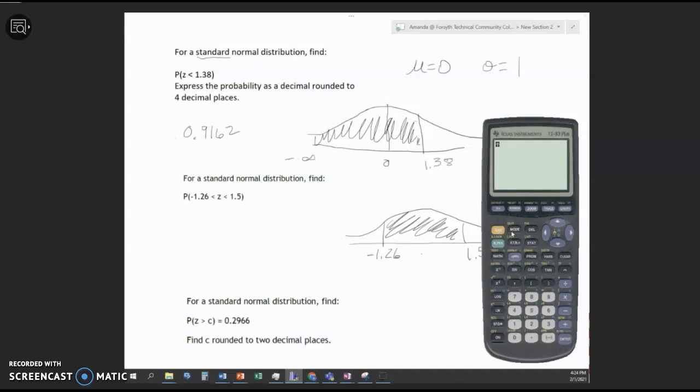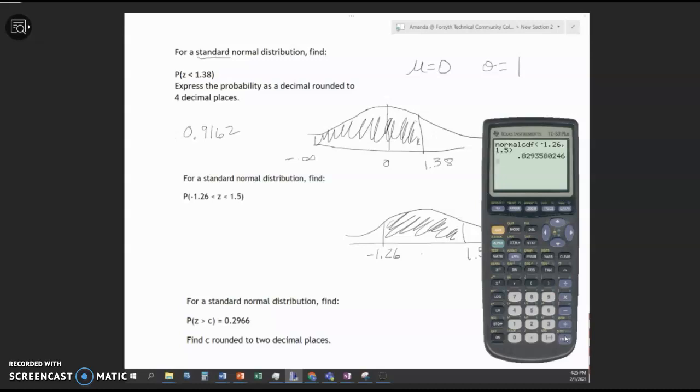Again, I'll do second vars down to normal CDF, and I'm going to tell it negative 1.26, comma, and my upper endpoint is 1.5. And I get 0.82935. So I would round that up to 0.8294.